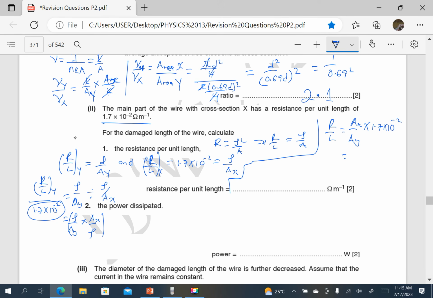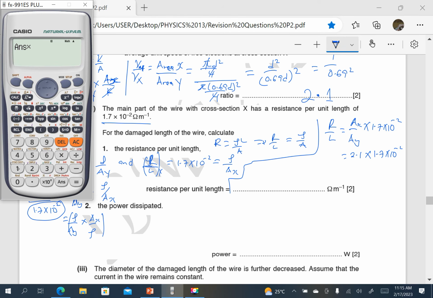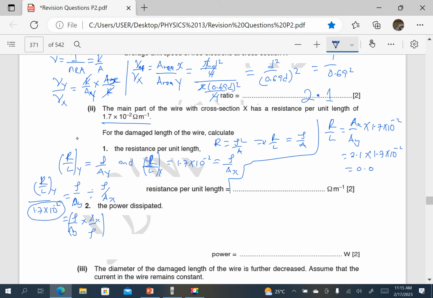Therefore, it will become AX over AY, which is 2.1 in the previous equation, times 1.7 times 10 power negative 2, which gives us 0.036, or 3.6 times 10 power negative 2.